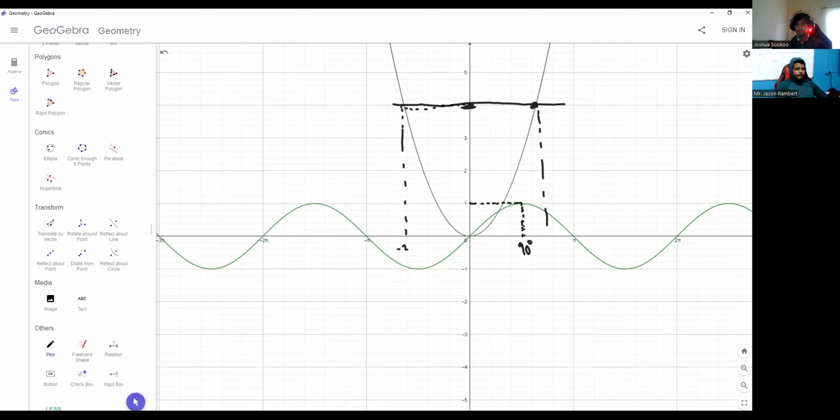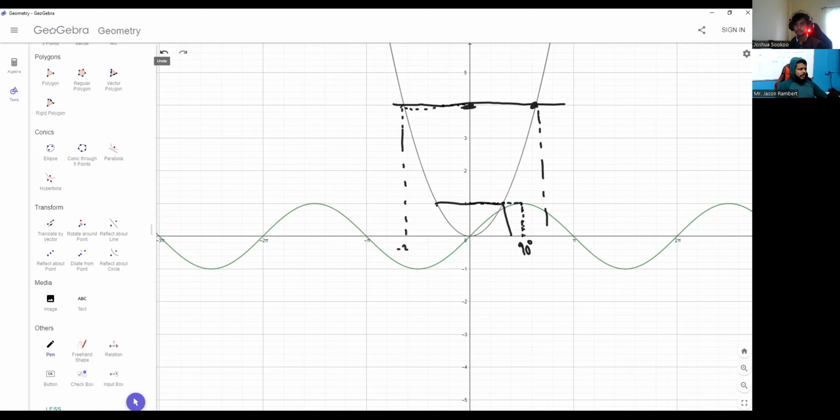Same thing for 1. If I keep going across on the graph, I get this value and this value. Those two values will give me a y value of 1.